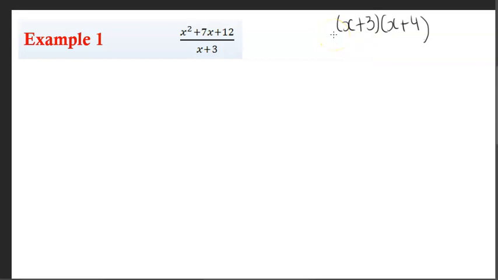So that x squared plus 7x plus 12, we have seen ways to simplify this to look like that, and this is all over x plus 3. Writing's a bit chunky, but that's all right. Now, what can we do with the x plus 3s? We can cancel them out, yeah. So that cancels out, that cancels out, and we end up with an x plus 4.